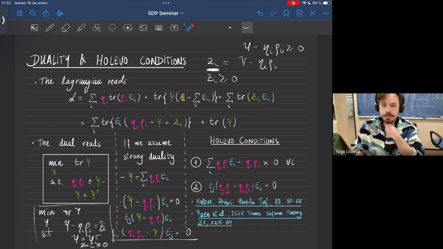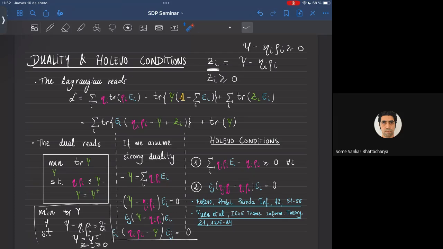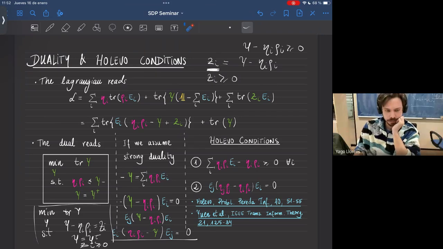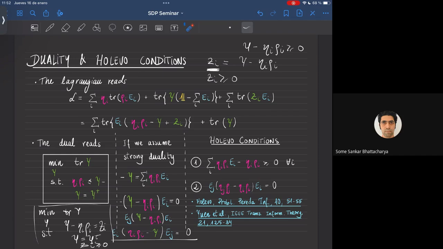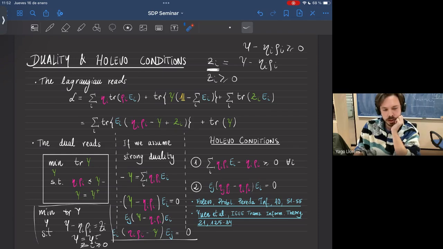Iago, yes. So the Z_i finally turns out to be 0 for all i under the strong duality assumption, no? Yes. When we go to the zero error case, sometimes Z_i has to be something. And it turns out that I know a couple of instances where Z_i has to be some projector. It's not super common, and I have not encountered it in minimum error, at least.